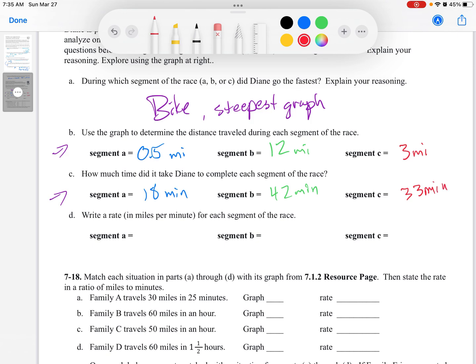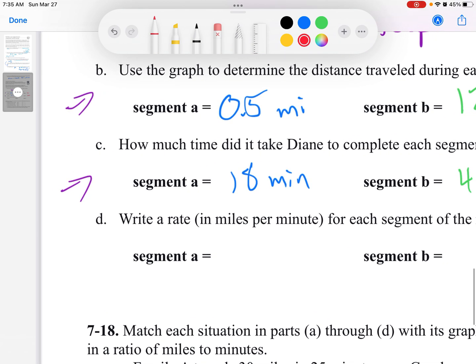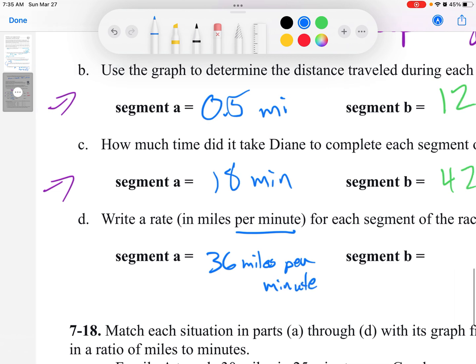All right, in miles per minute. So how many miles did they do in 1 minute? That's what that per minute means, right? Oh, well, we could double that. That's 36 miles per minute. Okay, 36 miles per minute.